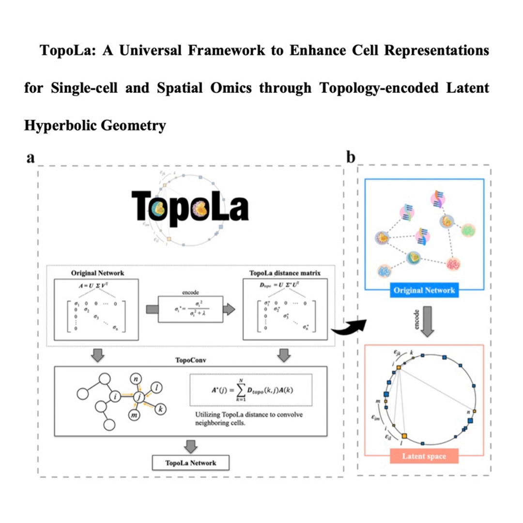TopoLa's ability to map both data types into that consistent, latent hyperbolic geometry, guided by the inherent network structure, seems to preserve the true biological similarities much, much better. So it found the shared structure despite the different data types. It really clarified things. For example, distinguishing between CD4 plus T-naive and CD8 plus T-naive cells became much clearer. An improvement of that magnitude, nearly 50%, suggests a major step forward for integrating diverse biological data.